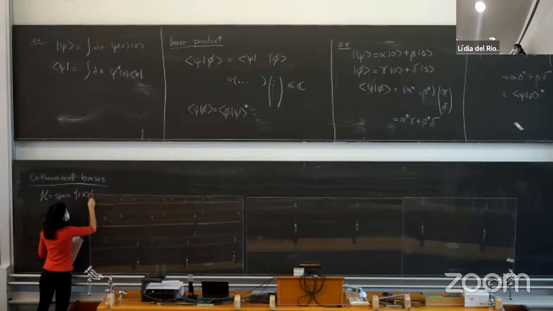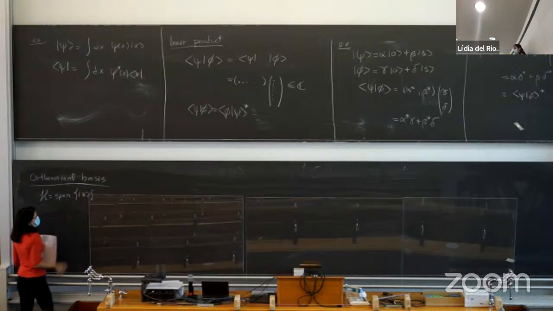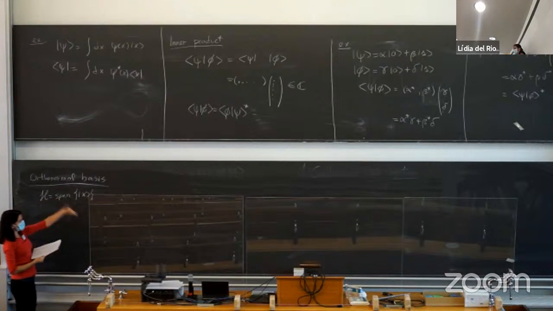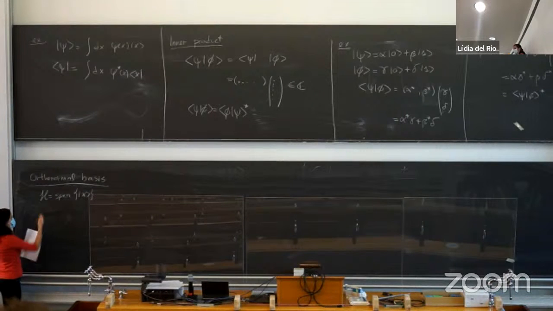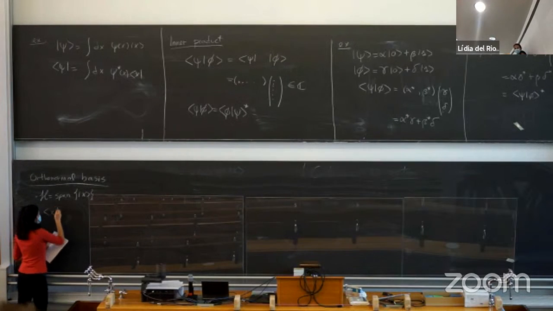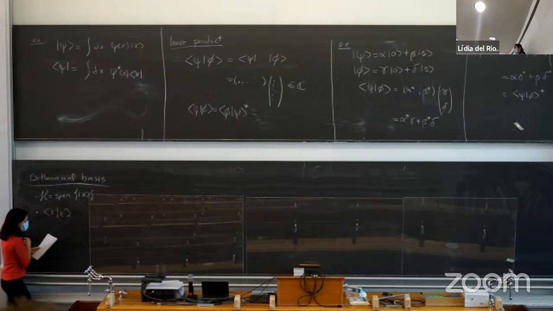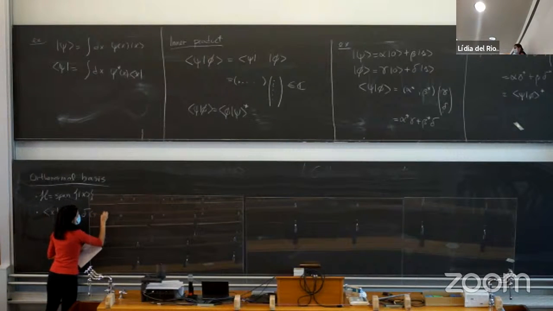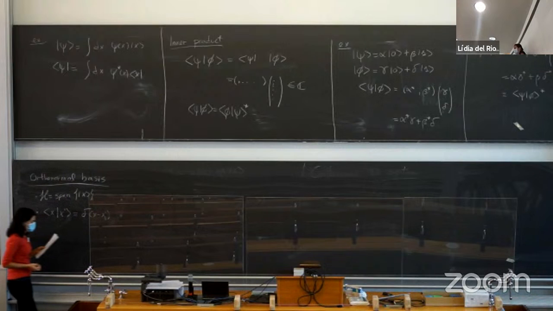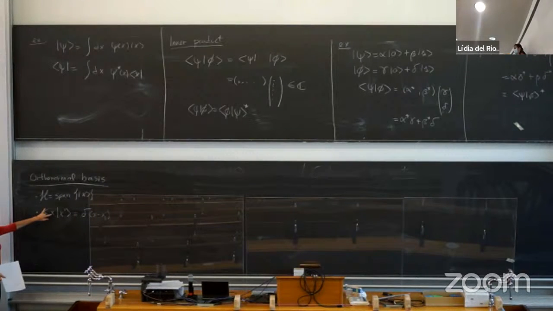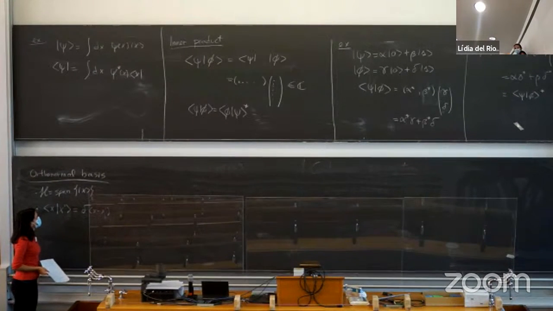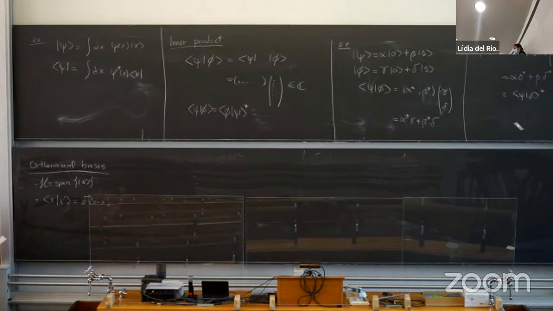So I have a basis X where the range of X is in some set. It could be 0 and 1, or it could be all the real numbers. Second, it needs to be orthonormal, meaning that if I take two basis elements and compute the inner product, this must be a delta function, which in the discrete case is just a normal Kronecker delta, very easy. In the continuous case, a bit trickier, but we'll look into it.